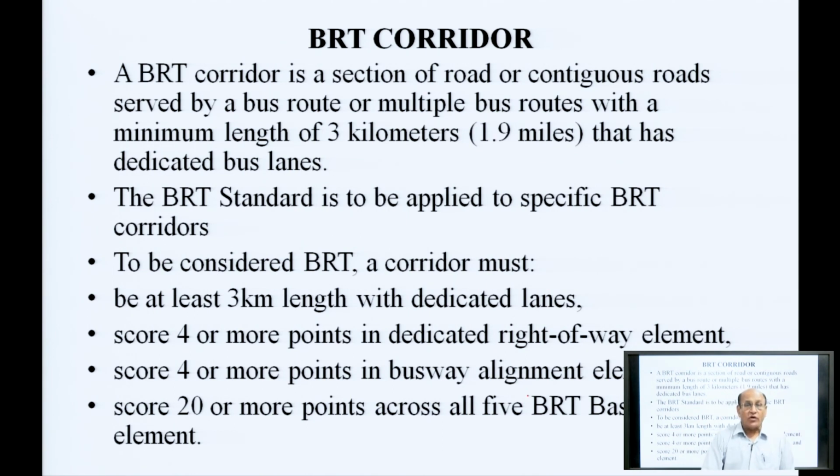Now, the BRT corridor. A BRT corridor is a section of road or contiguous roads served by a bus route or multiple bus routes, with a minimum length of 3 kilometers, that has a dedicated bus lane. The BRT standard is to apply to the specific BRT corridors.